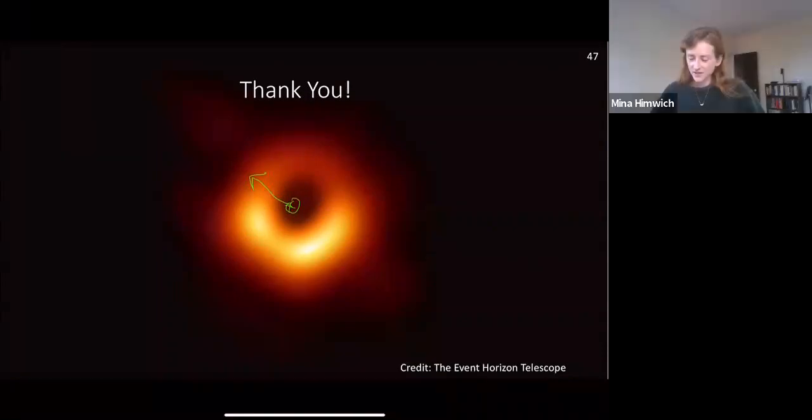Yeah, so they're actually both roughly the same size. They're roughly 50 microarcseconds. Sagittarius A star is actually a little bigger. So we'd only need like 50 microarcsecond resolution as opposed to 20 microarcsecond resolution for M87.